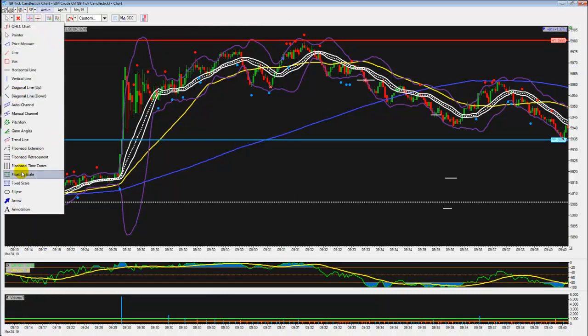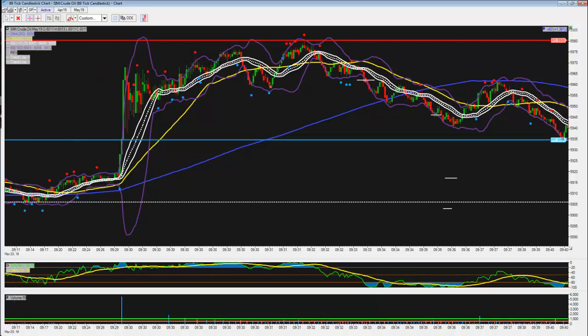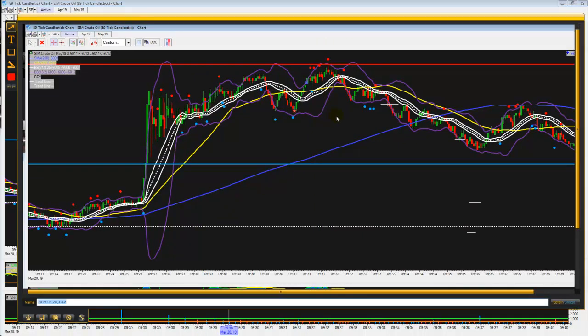Let me do it this way because this will make more sense. All right, so here's the short entry. That was the 1P, and we did reach down to 2 if you remember.